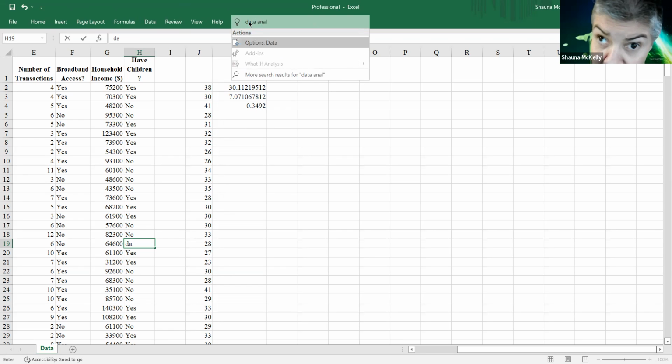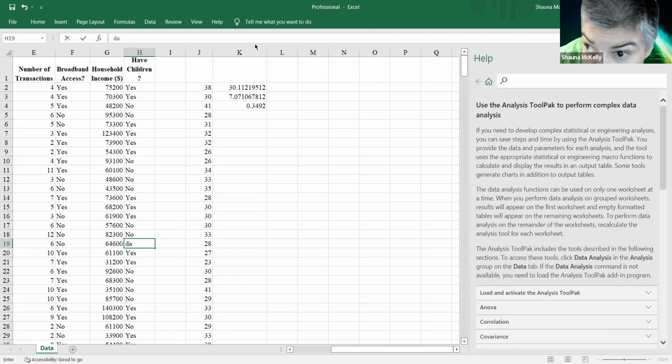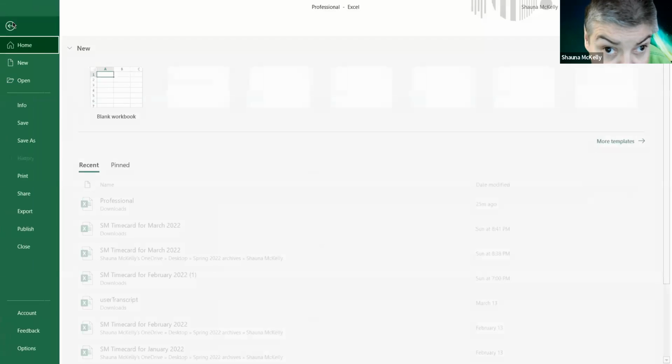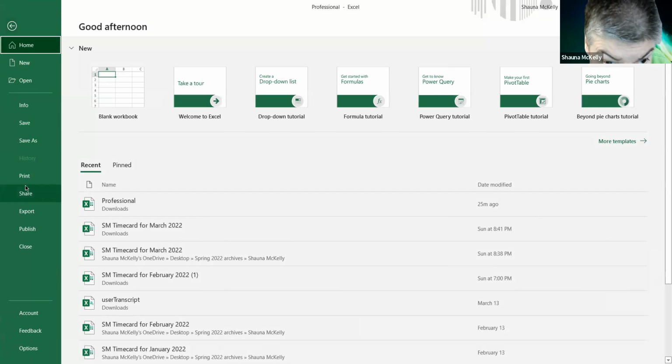Okay. It's on, use the analysis tool pack. Okay. To perform calculations, load and activate it. On the file tab, click options. Okay, so file, options.